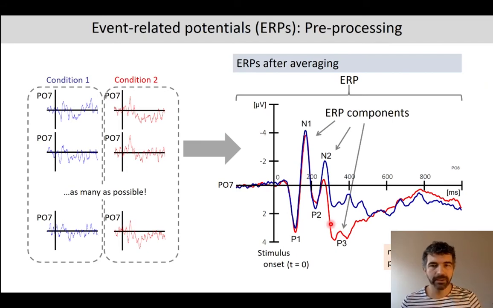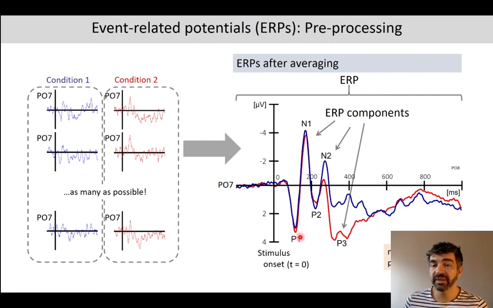And we can use these ERP components to target very specific cognitive functions. So this allows us, for example, to see where in the EEG or where in the ERP we see a difference between the conditions, and this allows us to then conclude which cognitive process is affected by our experimental manipulation.